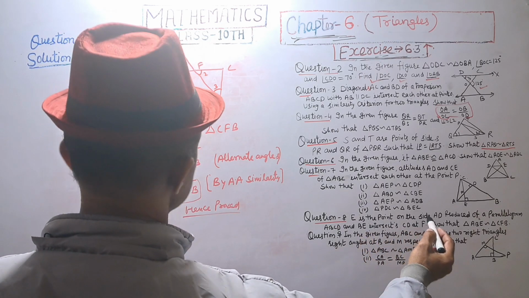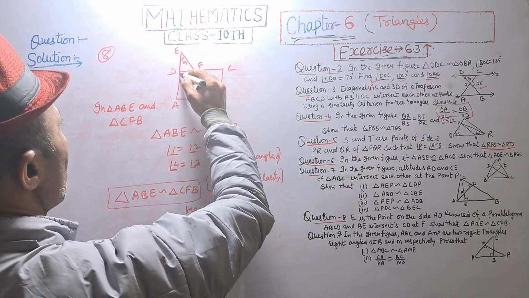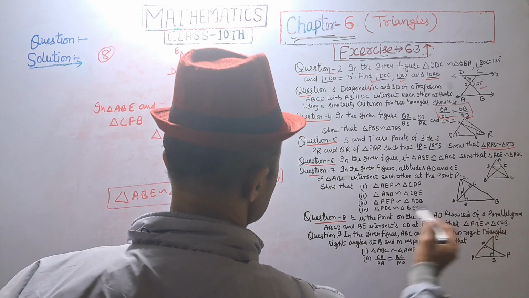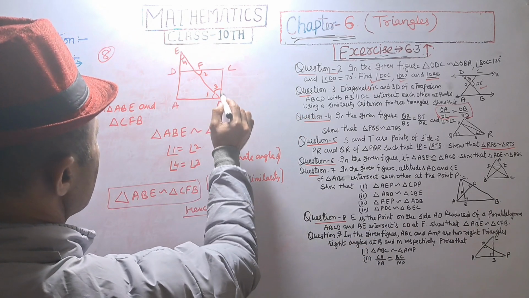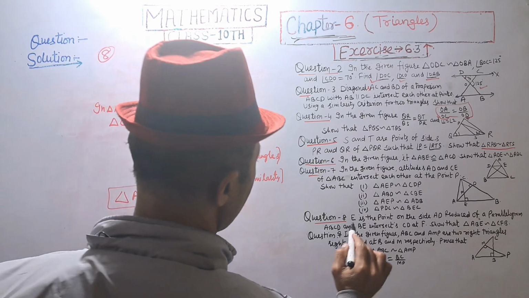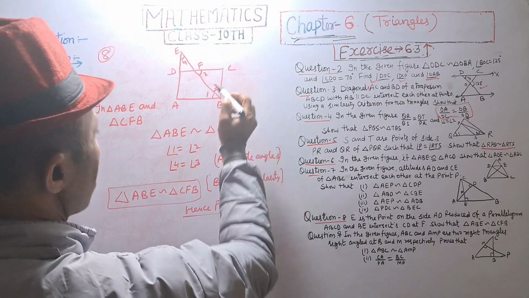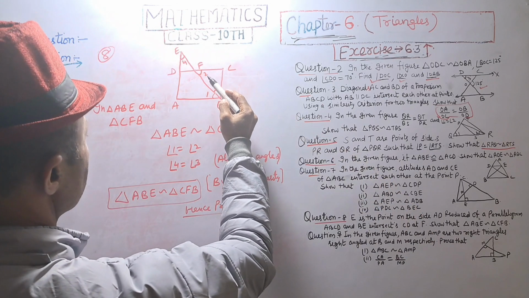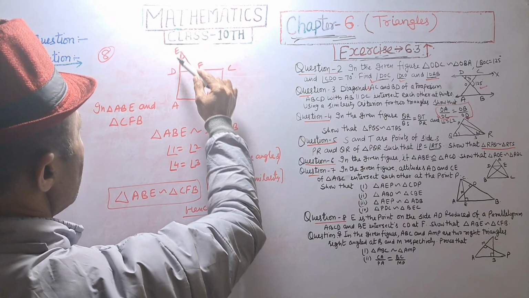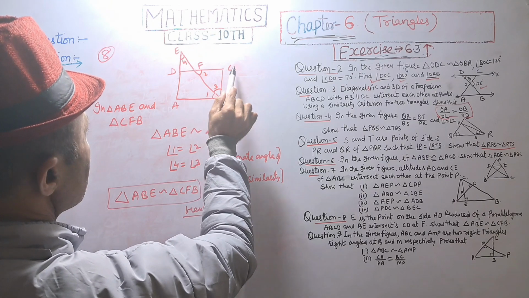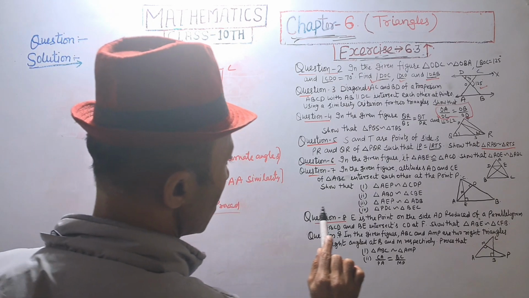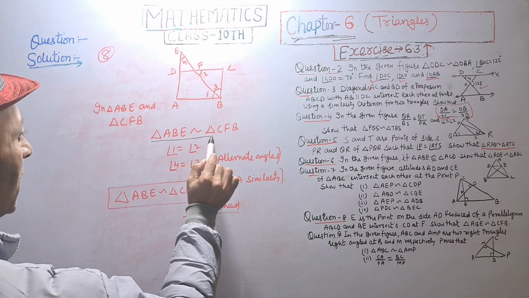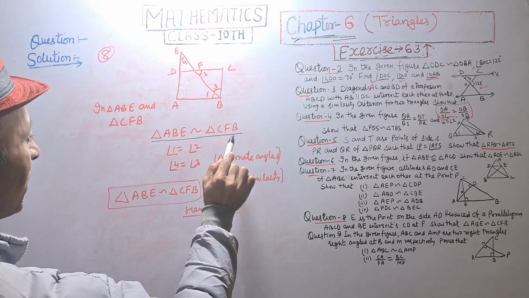E is the point on the side AD produced of a parallelogram ABCD. BE intersects CD at F. Then we want to show that triangle ABE is similar to triangle CFB.